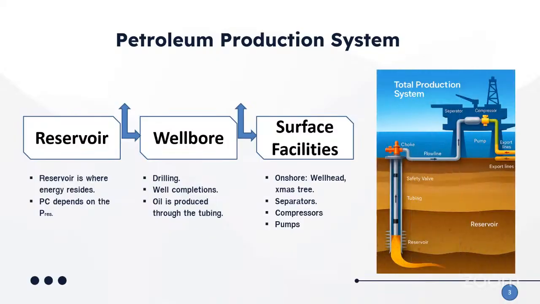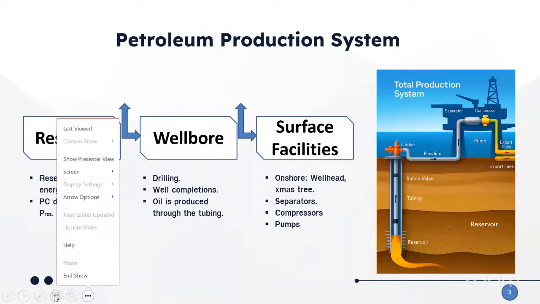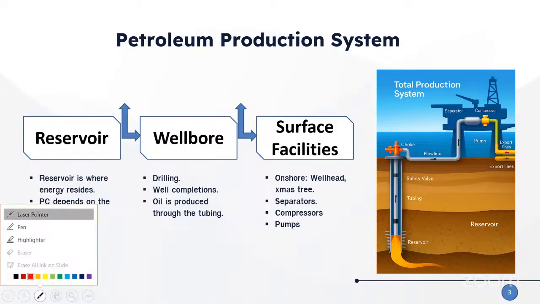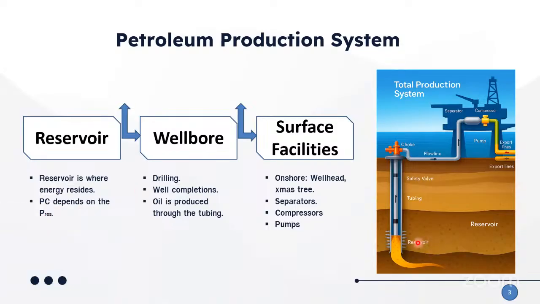Then the total production system, this is the image of what we're talking about, begins with, let me see if I can use my pointer. All right, this is a reservoir, being perforated so that the fluid in the reservoir can enter into our wellbore. Then this is a tubing string as mentioned.